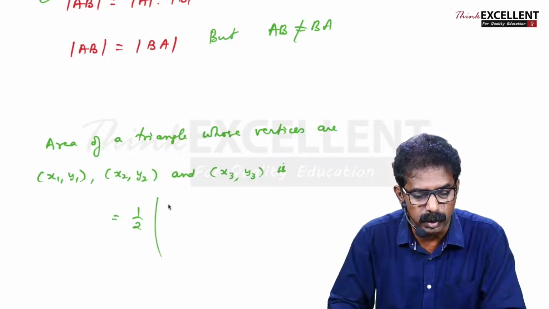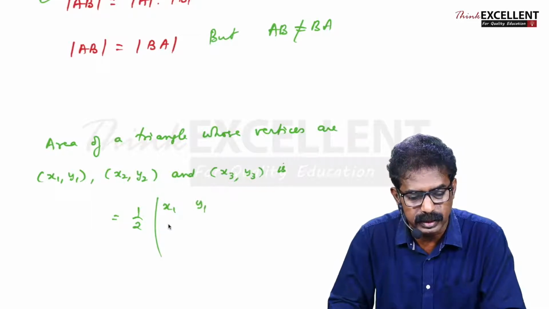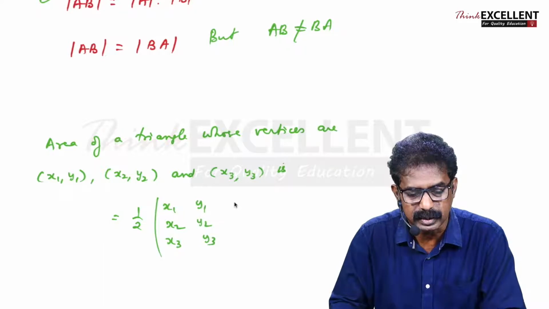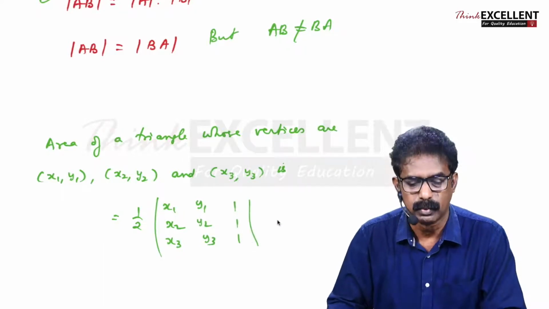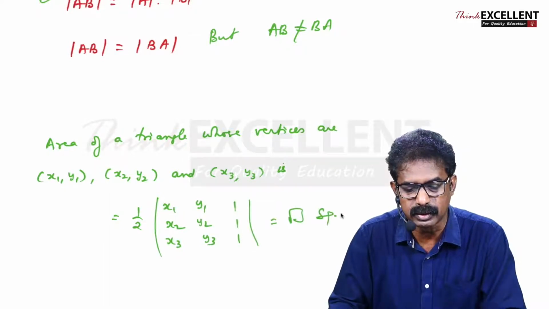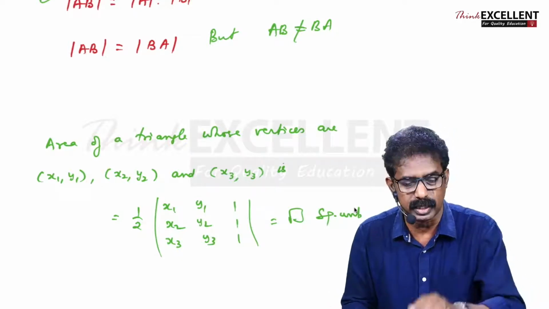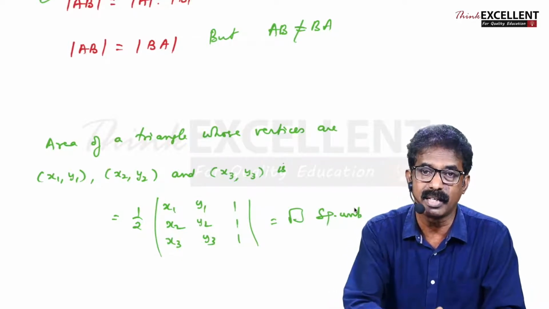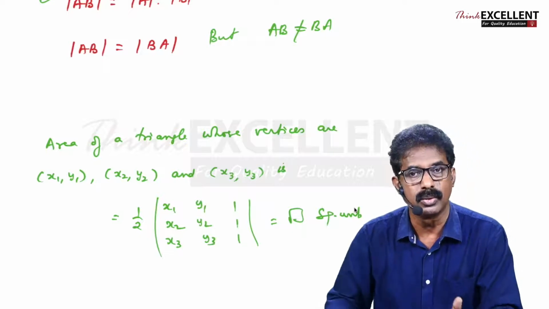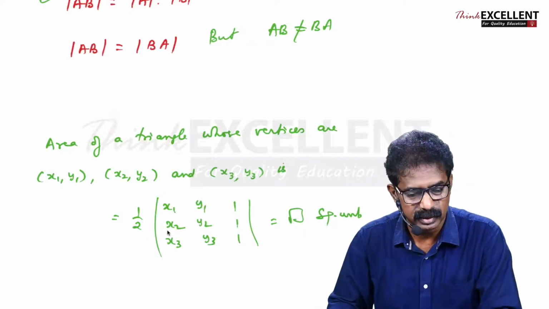First point is x1, y1. You write x1, y1. Second one is x2, y2. Third one is x3, y3, and the last column you write 1, 1, 1. Whatever answer you get, you write that much square units. Even if your answer is negative, you know area cannot be negative, so take it as a positive value. If the area of the triangle is 0, you know the points are collinear, right?